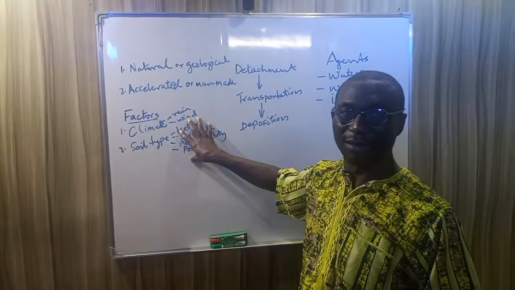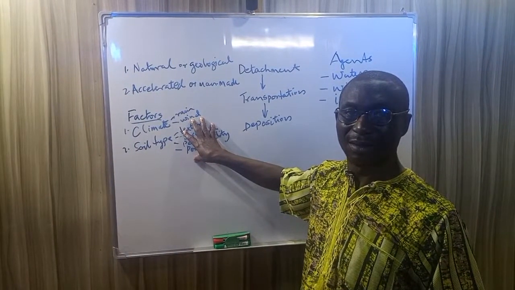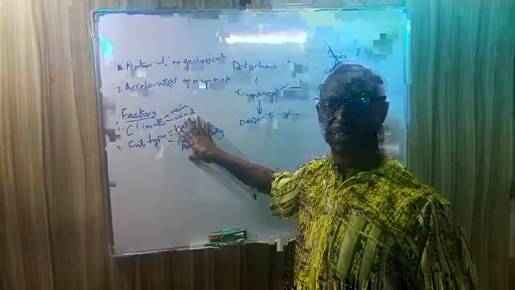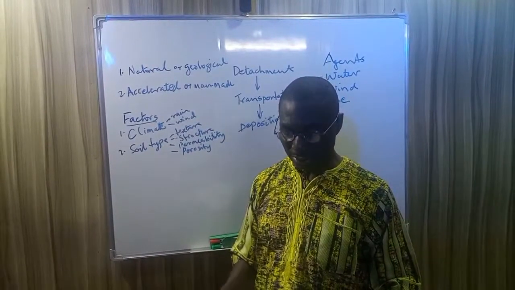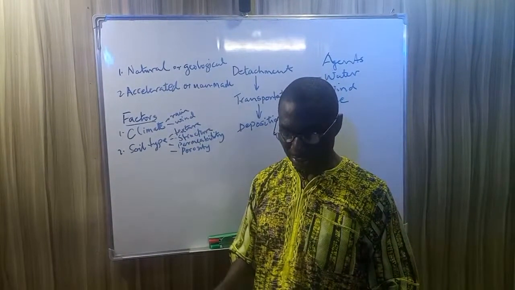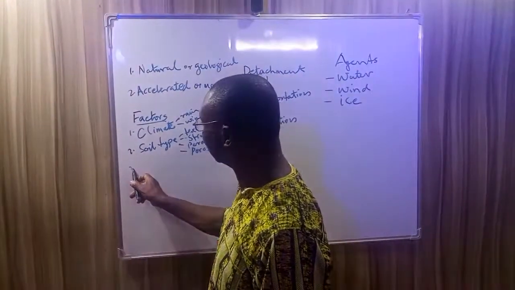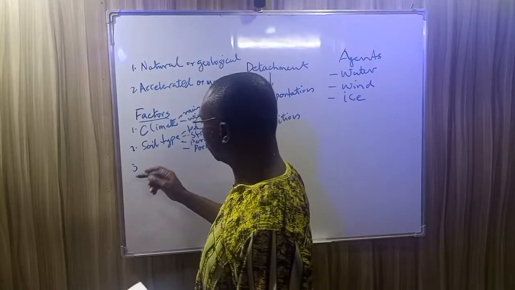So they control the movement of water in the soil. And they also control the ease with which soil can be removed, the erodibility and the erosivity of the soil. The third factor, as we mentioned earlier, is vegetation.